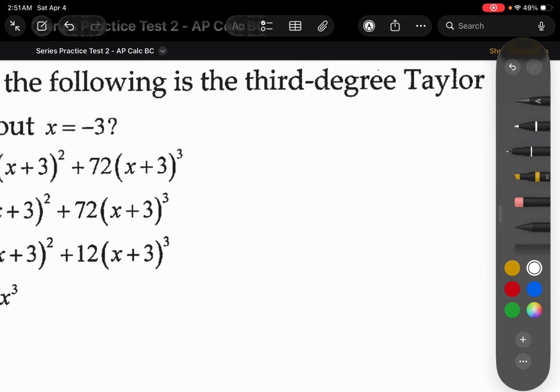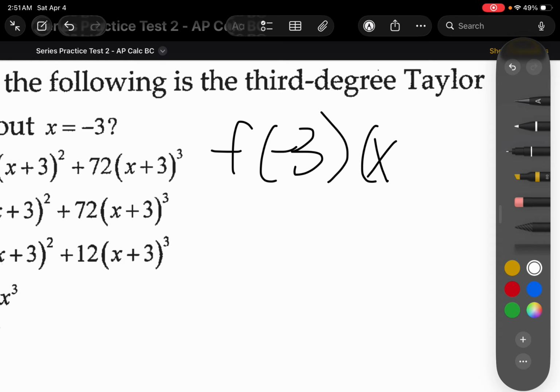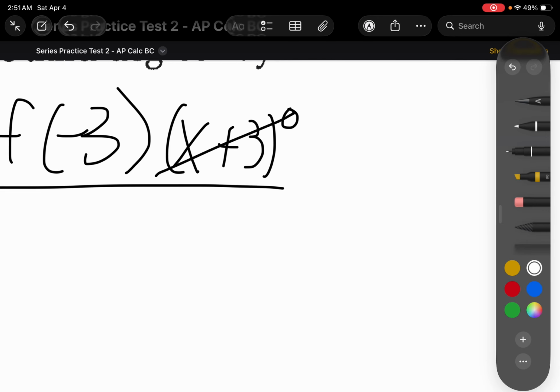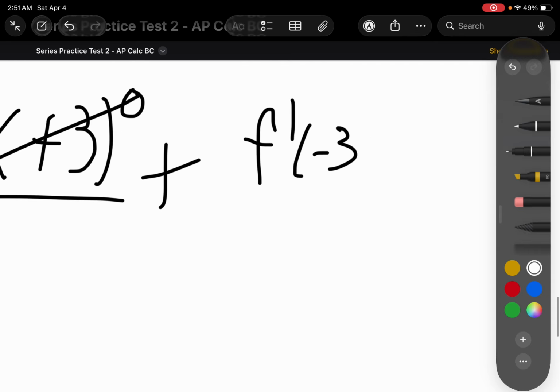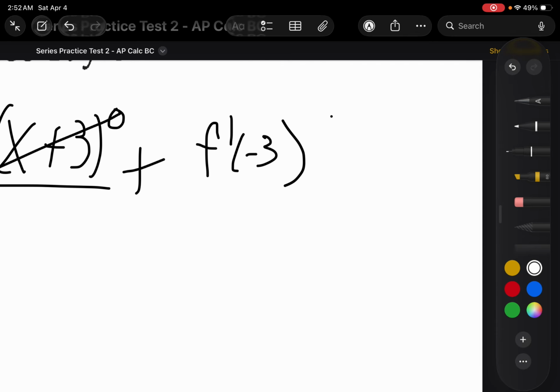f of -3 times x plus 3 to the 0. I'm not going to put the 0 factorial. It's too laggy. Plus f prime of -3 times x plus 3 over 1 factorial.